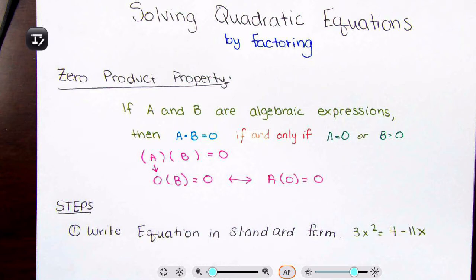And so the zero product property says that if you have an algebraic expression for A and B, one of them has to be 0 in order for the answer to be 0.